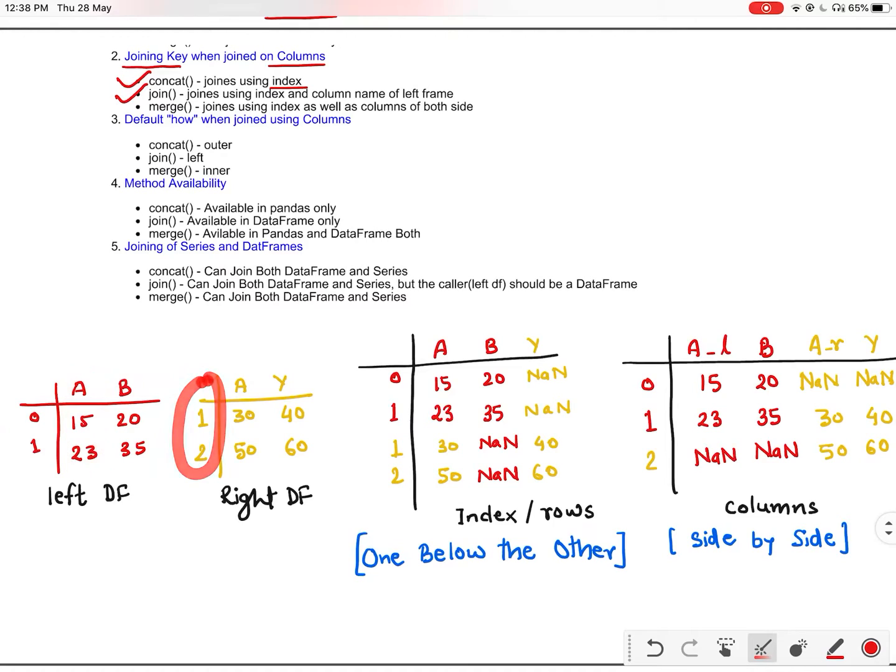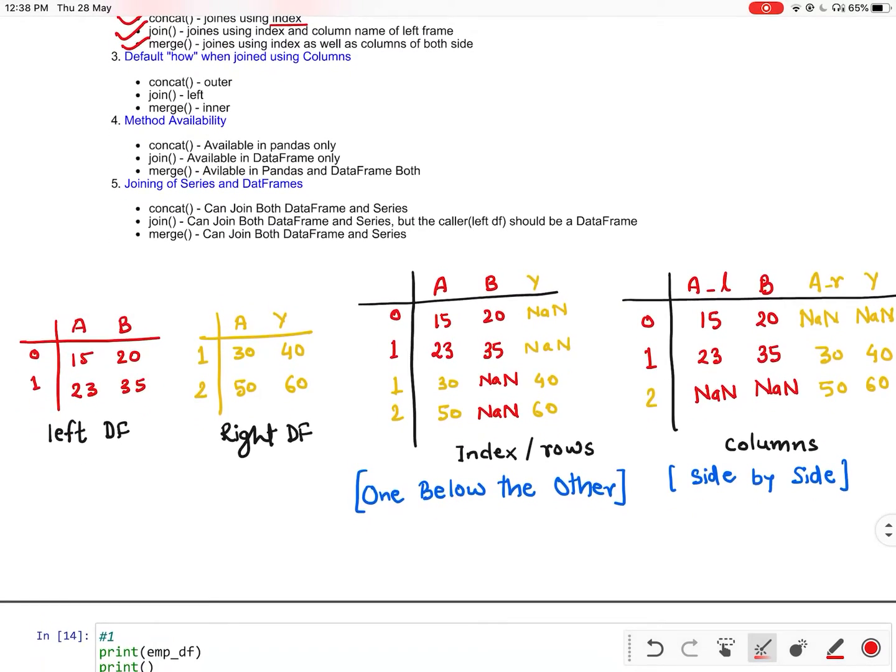So in the case of the join method, it always uses the index of the right data frame, and with that right data frame index, it can use either a column or index of the left data frame. In the case of merge, we can use any combination of index or column. Let's discuss it in detail for join and merge.